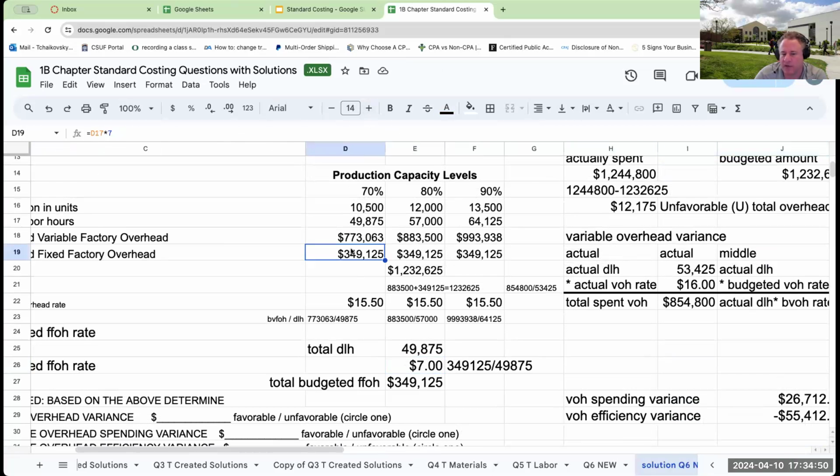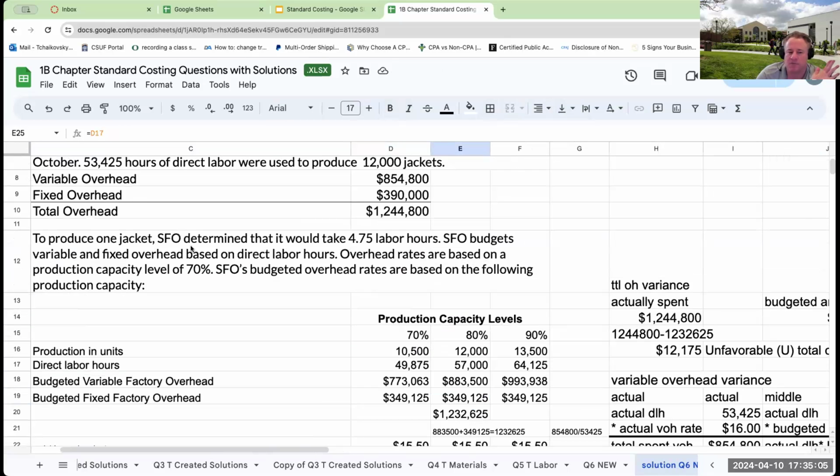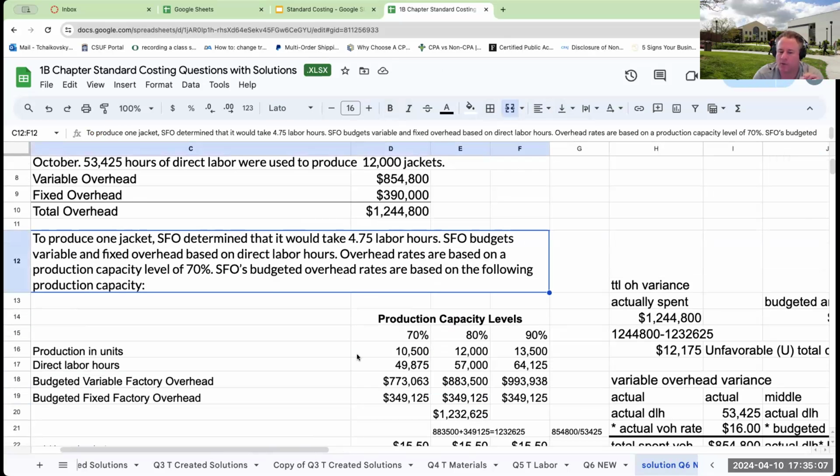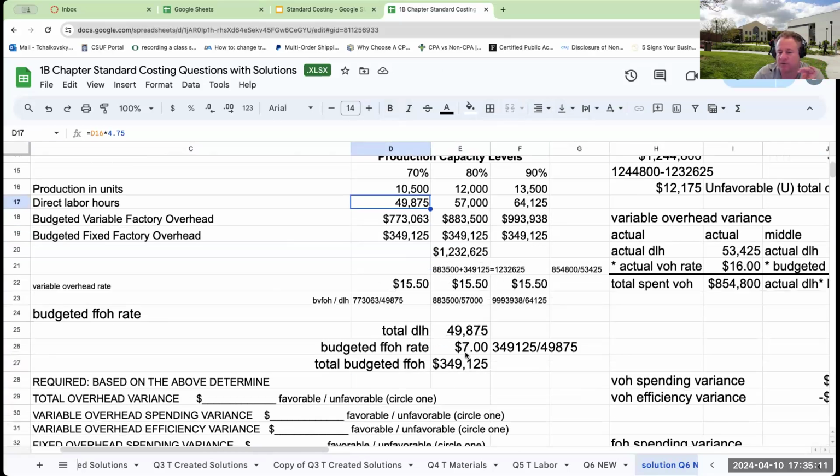To come up with a budgeted fixed factory overhead rate, this is based on direct labor hours, which at 70% was 49,875.